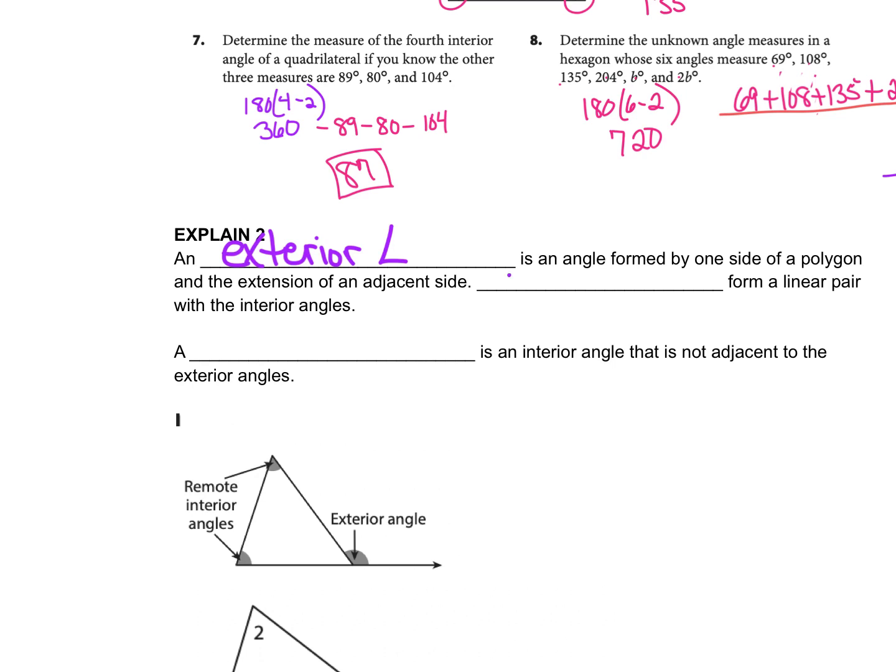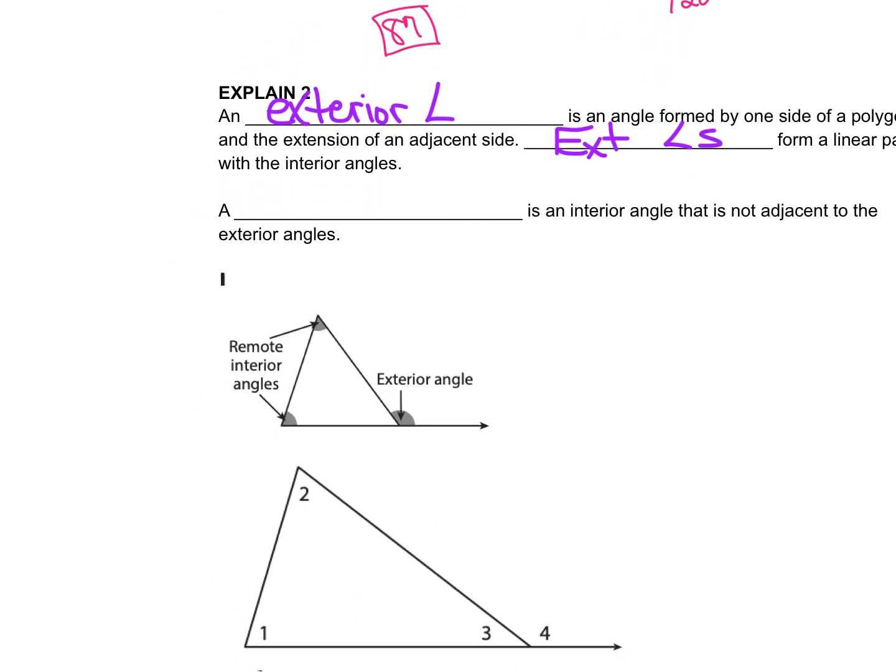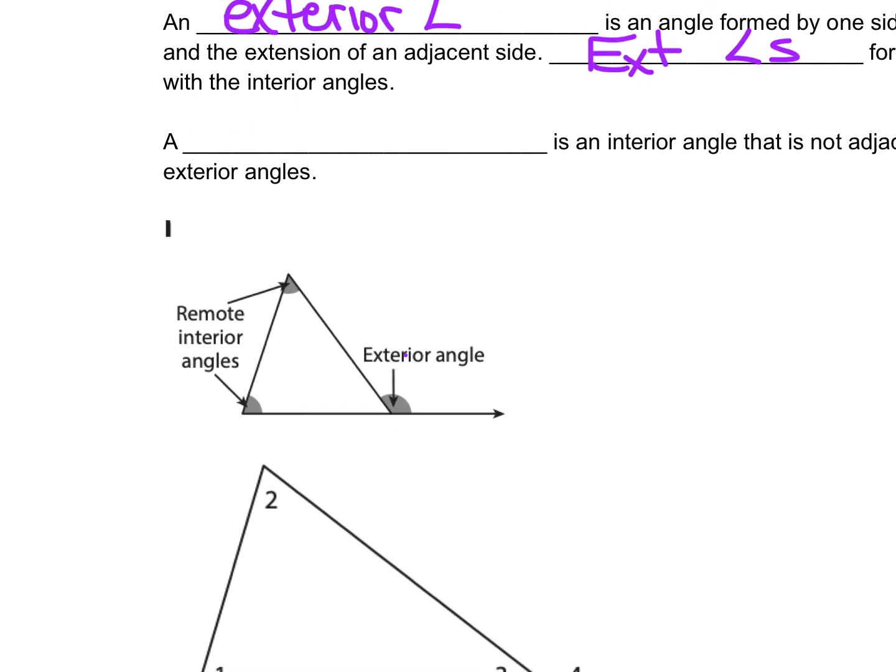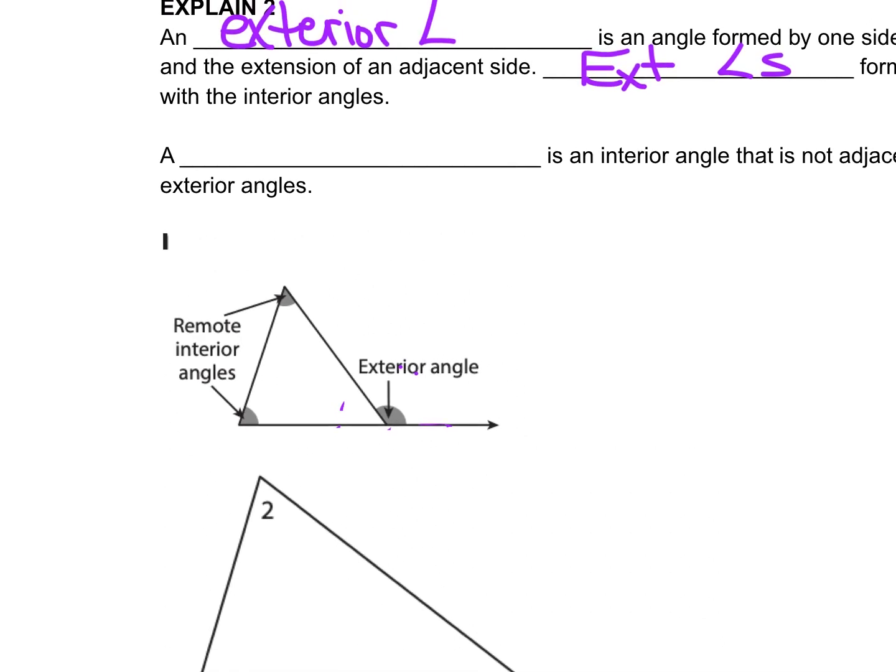Exterior angles form a linear pair with the interior angles. Okay, so look at this picture. Here's an exterior angle, and here's an interior angle. See how they form a linear pair? That's what that statement is talking about.